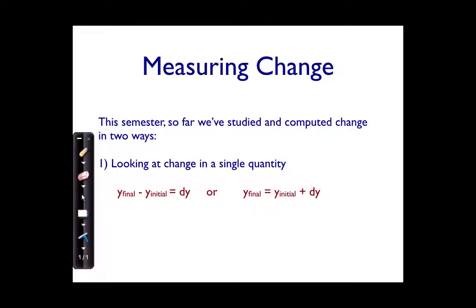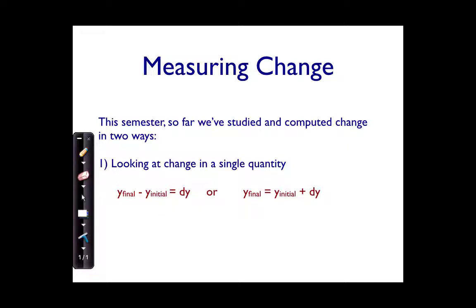So if it's y, I can talk about y final minus y initial gives me dy. Or if we know the amount of change, if we know the value of dy, we were talking about, I think, phones and computers and adding and subtracting programs or apps. If you know the amount of change, you could also use the initial value plus dy to get y final, or one more algebraic rearrangement with y initial by itself: y final minus dy, the final value minus the change gets you back to the initial value.